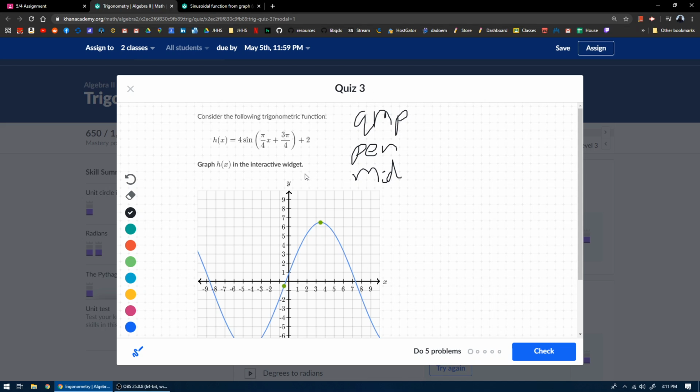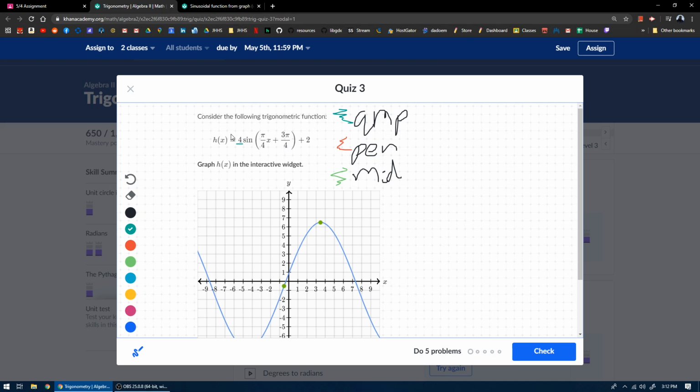Amplitude is honestly the easiest. It's just a number right here. So this would be blue, this would be orange, and this would be green. Amplitude is just this number right here, because after everything is done in this little box, I multiply all of it by 4.